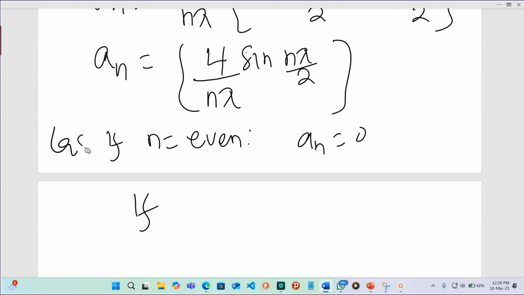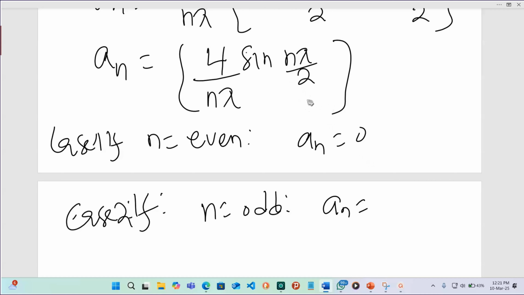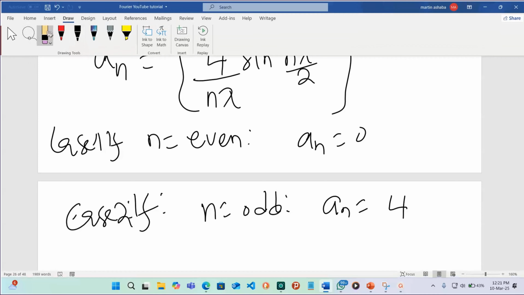That is case 1. And now case 2: if n is an odd number, then a_n is going to be 4 over nπ times sin(nπ/2). Okay, so we have different cases.